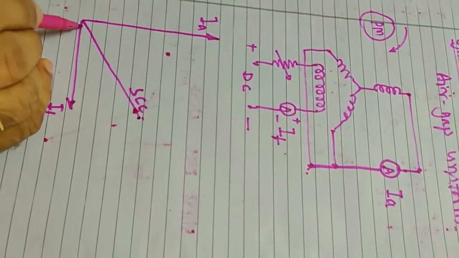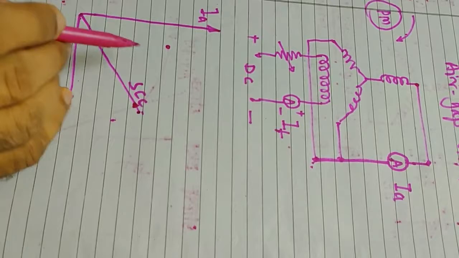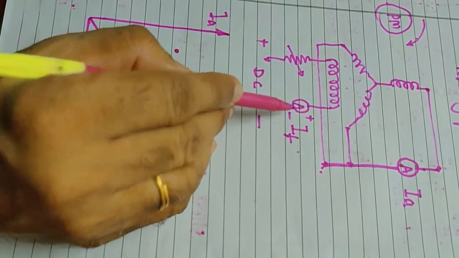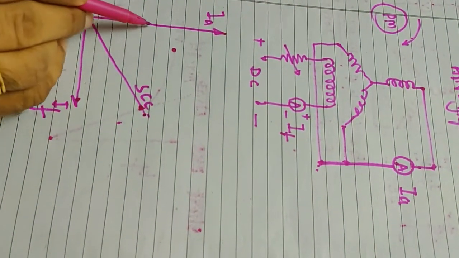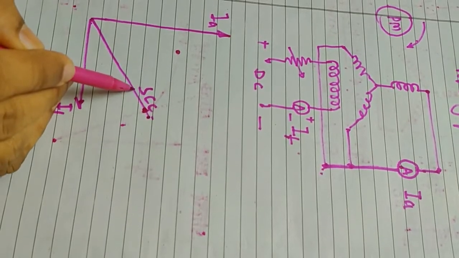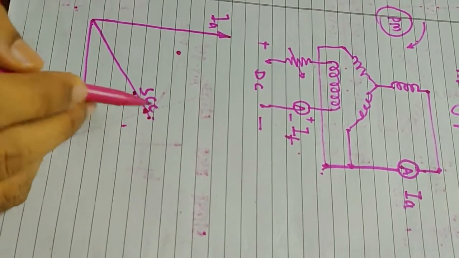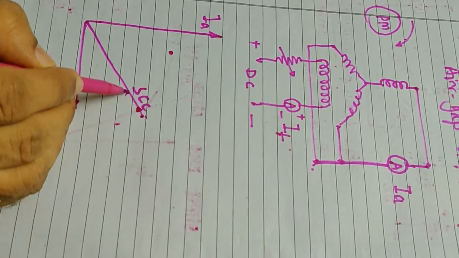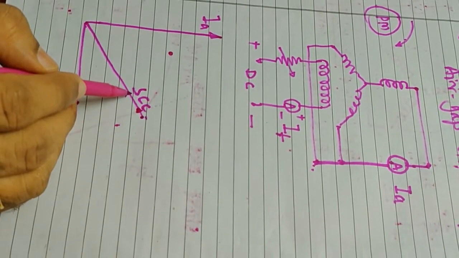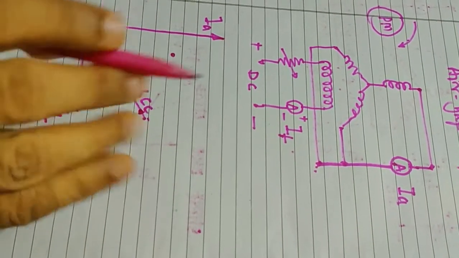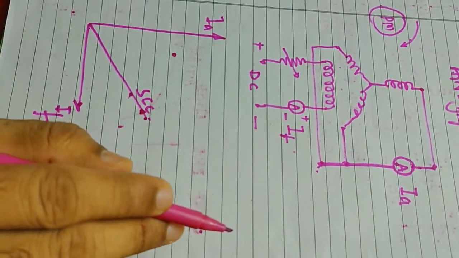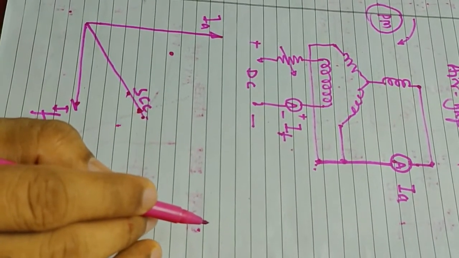Starting from zero, gradually increase the excitation so that the armature current increases. You conduct the short circuit test up to its rated current.